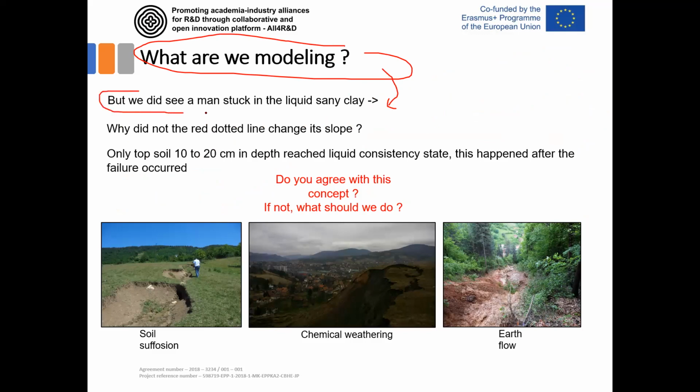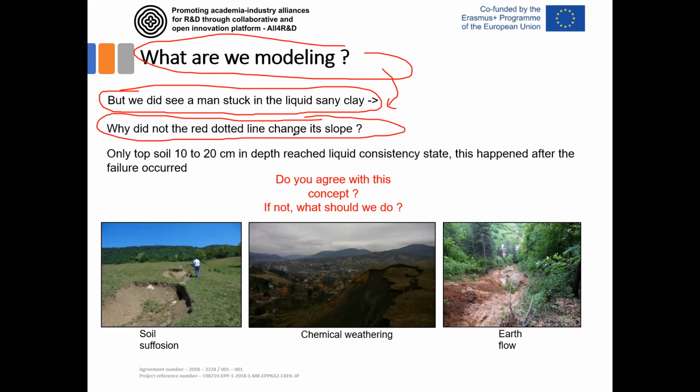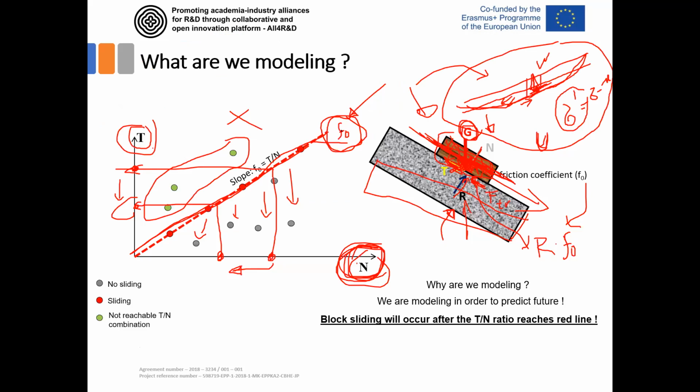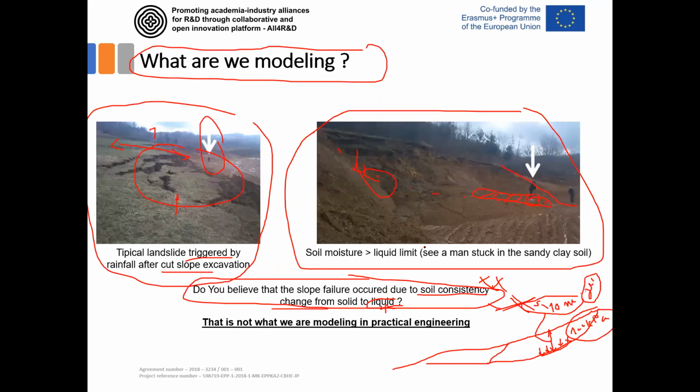So we really did see a man stuck in this liquid sandy clay. The question is, why did the red dotted line not change its slope? Why, after getting the water here, is this line not like this? If you have some material that is not liquid and now it becomes liquid, obviously the strength of the non-liquid material is better than this liquid material.